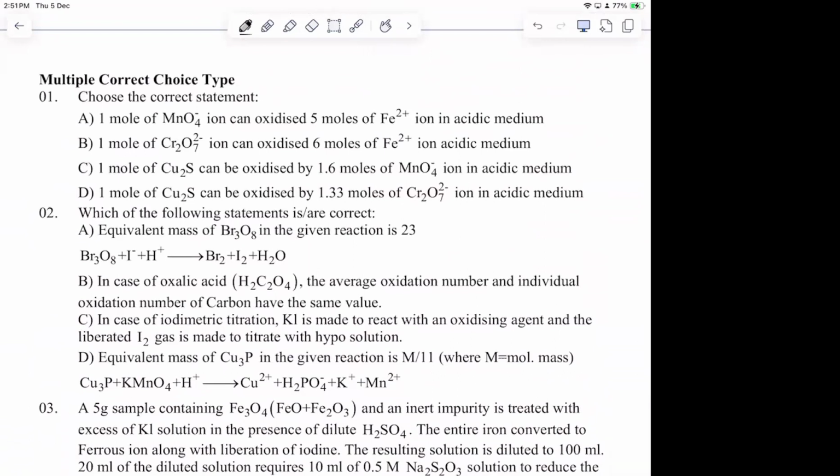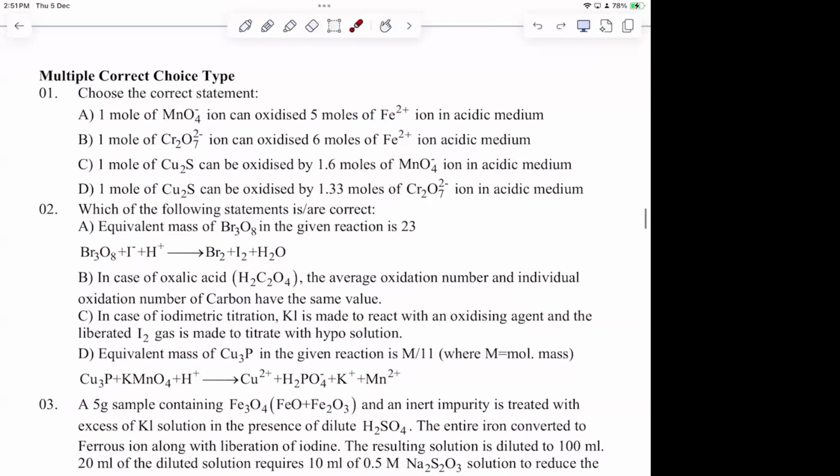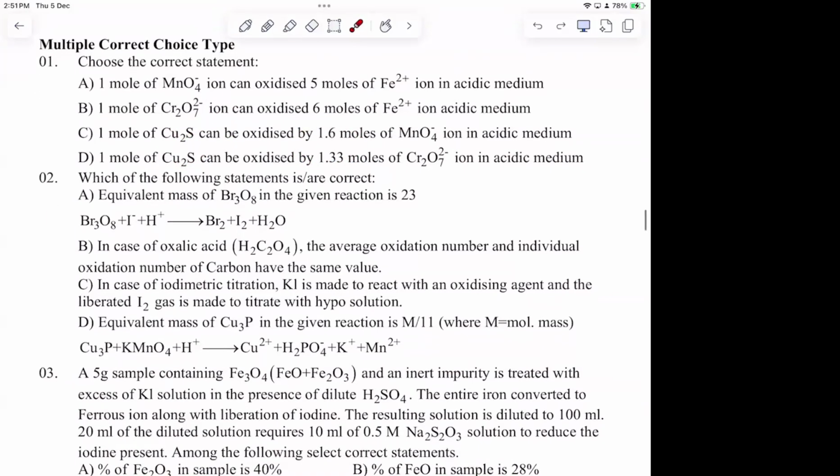First one is again very similar. You just need to check MnO4 minus, how many moles with Fe2+, same with chromium and all. I think we discussed this already. The other day we discussed Cu2S and Cu2S with MnO4 and this.